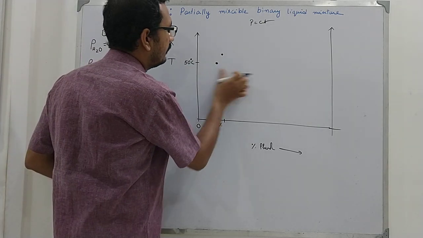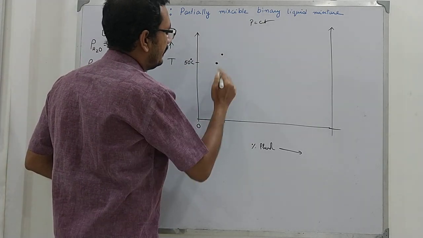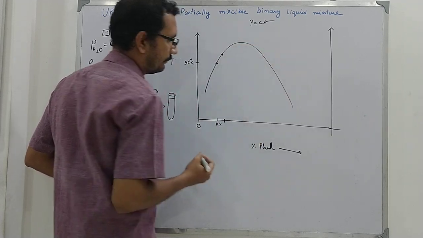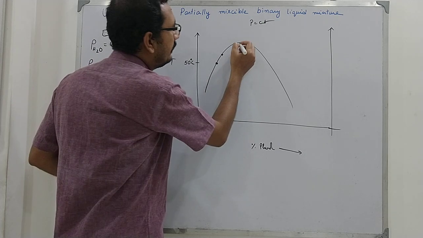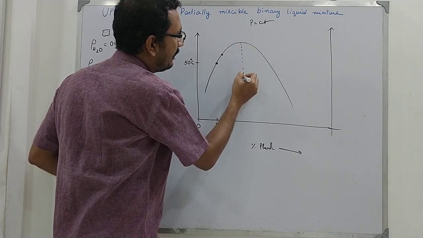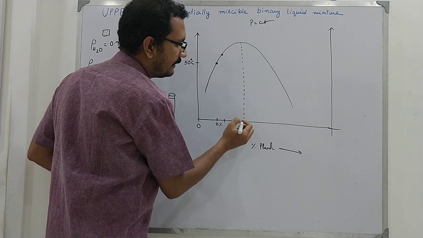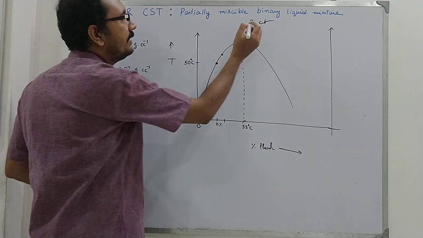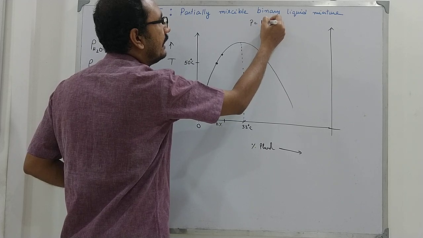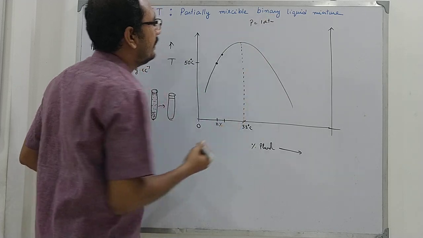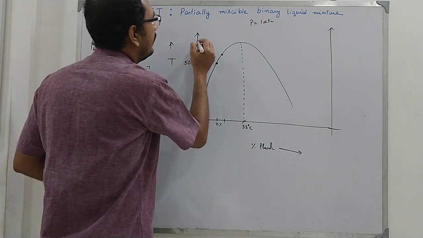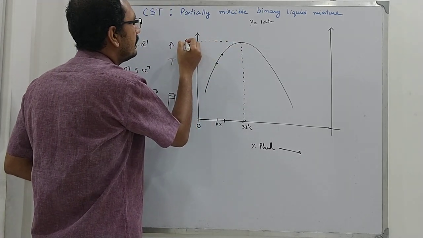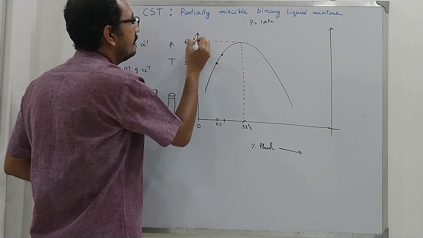So after having all the points experimentally, you will get a plot like this one. Now you see, it is passing through a maxima, and this maxima corresponds to 66.8 degrees centigrade at P equal to 1 atm. We are keeping the pressure constant.